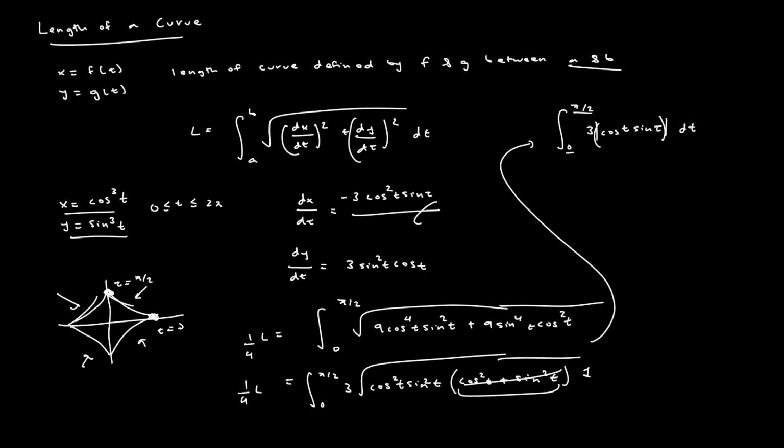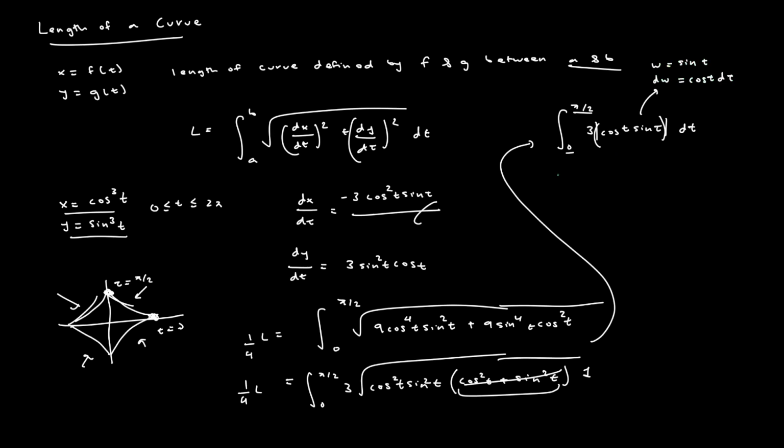Now the question is, how do we simplify this? We use a u substitution. I'm going to let w equal sine t, and then dw is equal to cosine t dt.